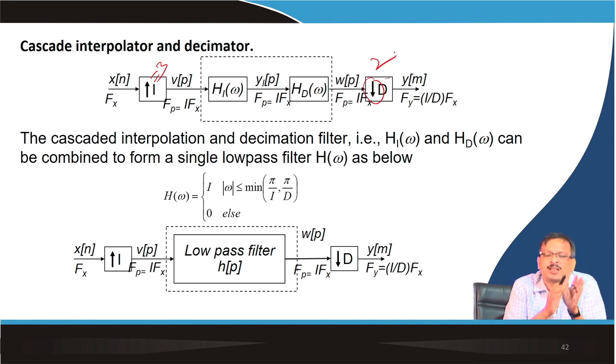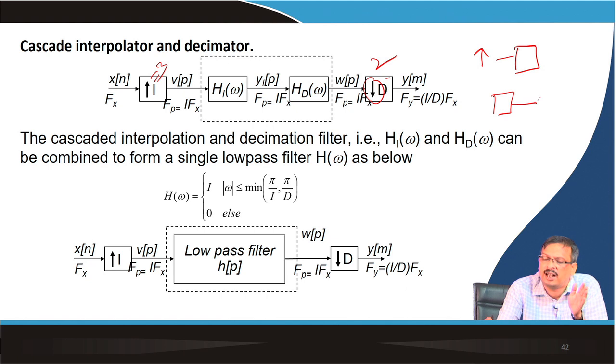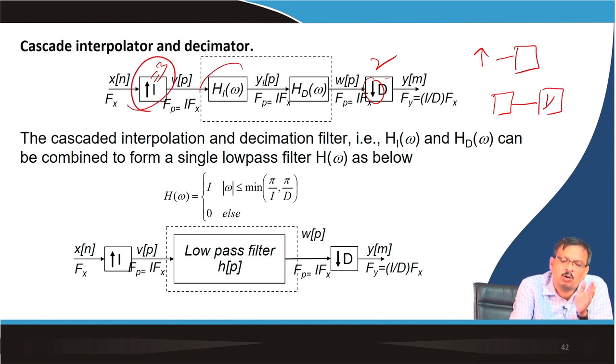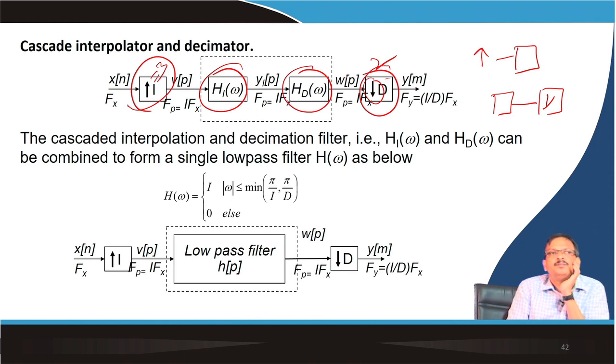You know the upsampling means upsampling followed by a low pass filter, and downsampling means a low pass filter followed by a downsampler. Now, this is a low pass filter, this is also a low pass filter.